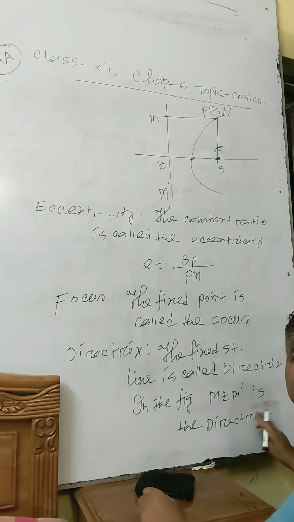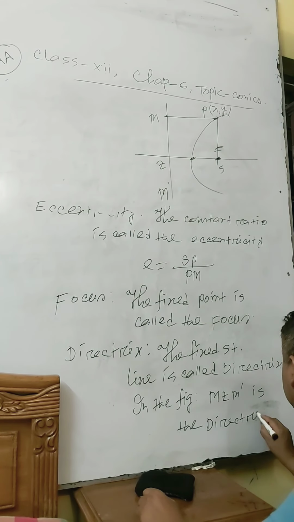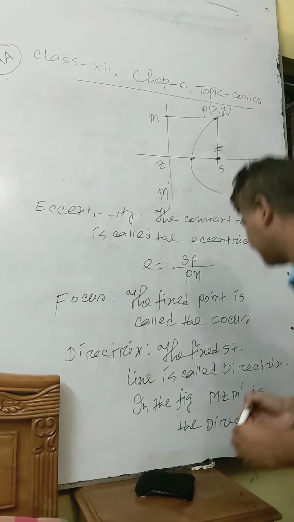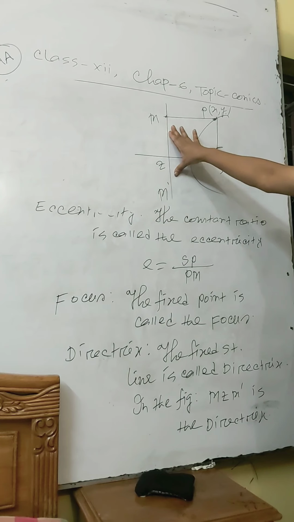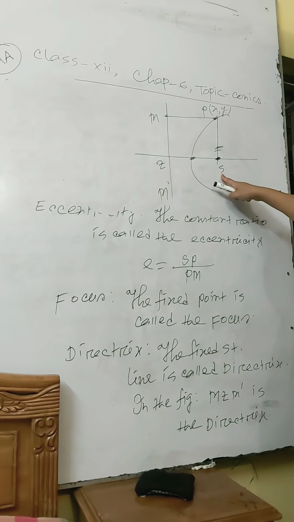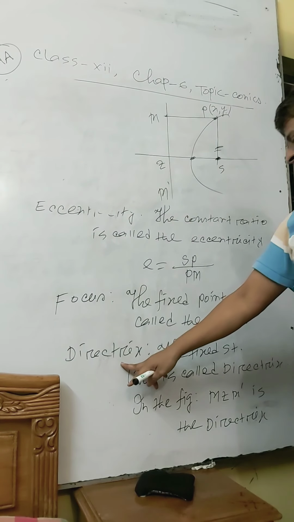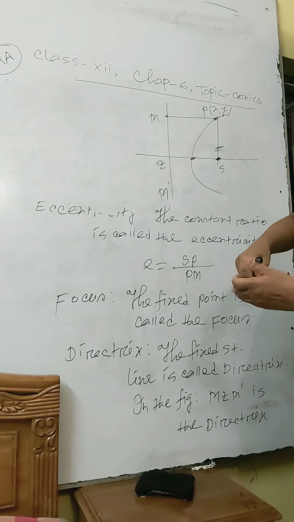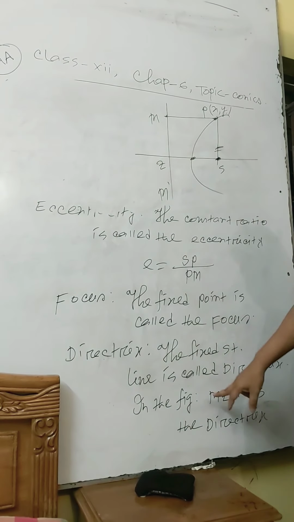The directrix is generally denoted by MZM prime. From the above figure, it is seen that this is the fixed point, which is known as the focus, and from the above figure it is crystal clear that MZM prime is the directrix. Therefore, we can say that MZM prime is the directrix.